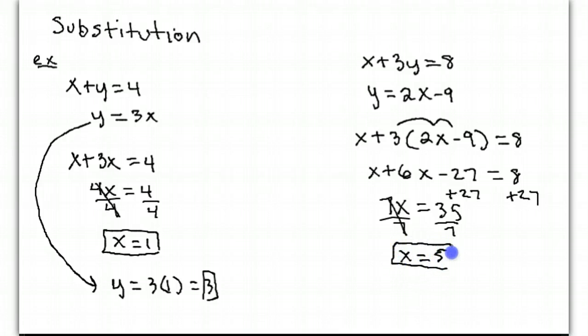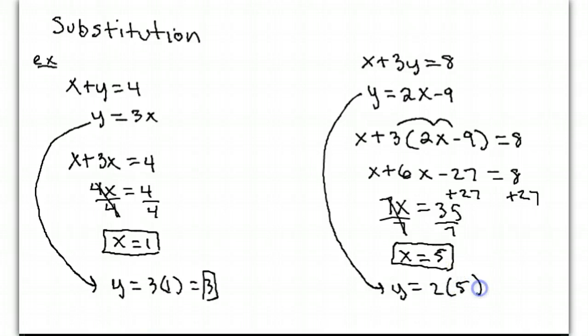All you have to do now is get y. The easiest equation to solve it in will be the second, because it's already in the form y equal. So you plug x into that equation and you end up with y equal 2 times 5 minus 9. 2 times 5 is 10, so you have y equal 10 minus 9, which comes out to y equal 1. And so you have x is 5 and y is 1.